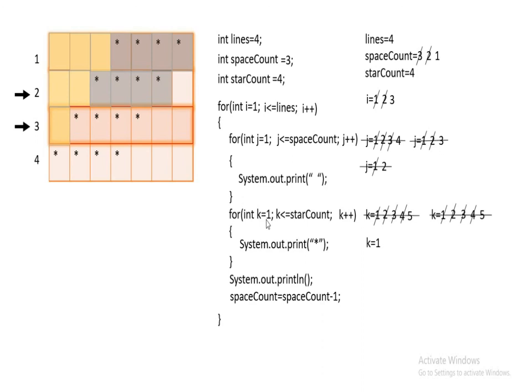Int k equal to 1, k less than or equal to 4, true, so print star. Then go back to k++, k becomes 2, still 2 is less than or equal to 4, so again print star. Similarly, these 2 stars are also printed until k becomes 5.